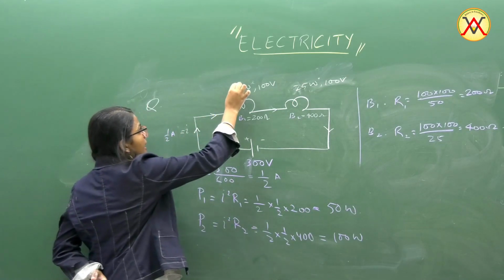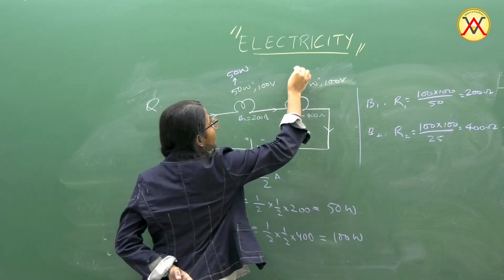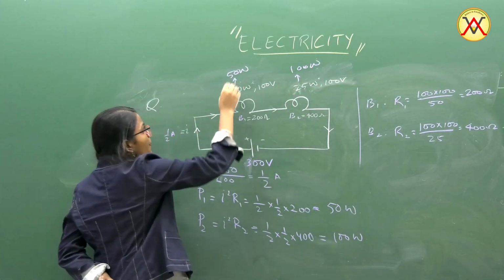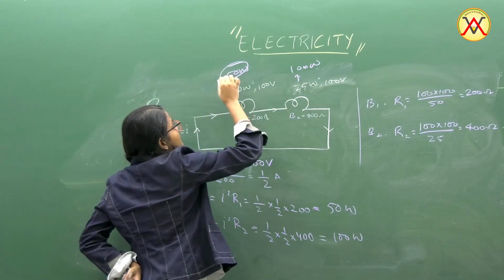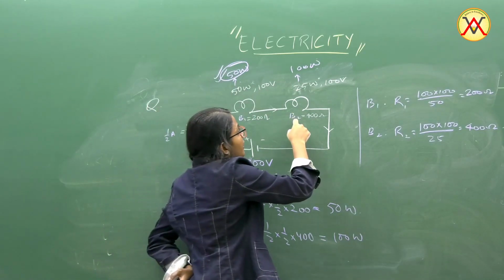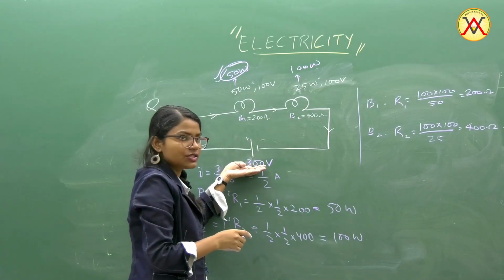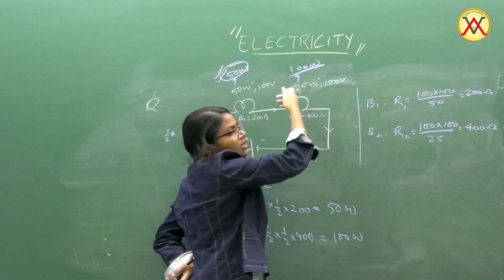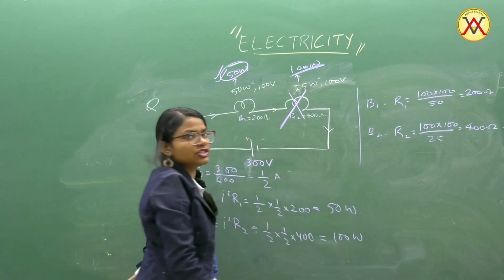So now in this case, P1 is 50 watts, while P2 comes out to be 100 watts. So bulb 1 glows at its maximum brightness, while the power of bulb 2 is greater than its rated power. That means our bulb 2 damages.